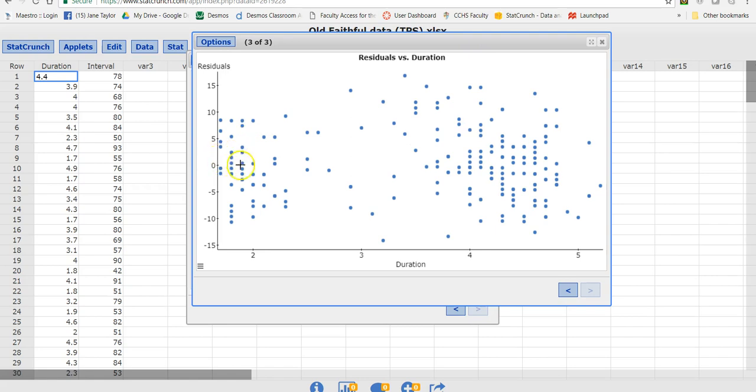If there's 0 residual, that would be these values right here. They don't vary at all from what is predicted. So the typical amount of variation from what is predicted, we notice that it varies anywhere from about -15 to +15 minutes. Most of them are clustered more towards the center, so the typical amount of variation is about 6.15 minutes.